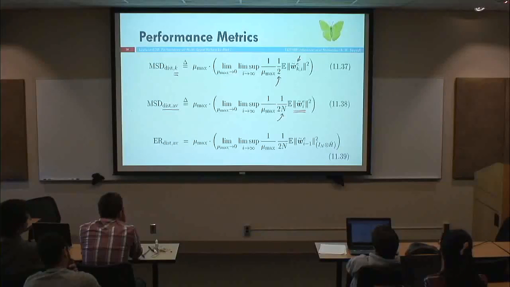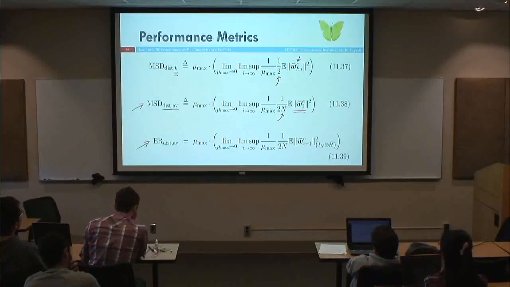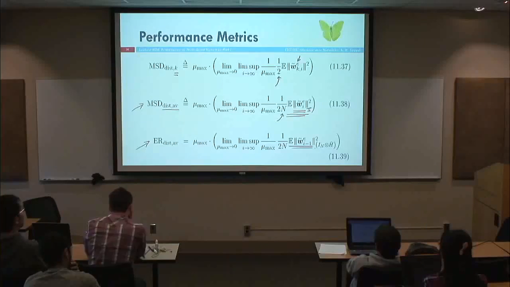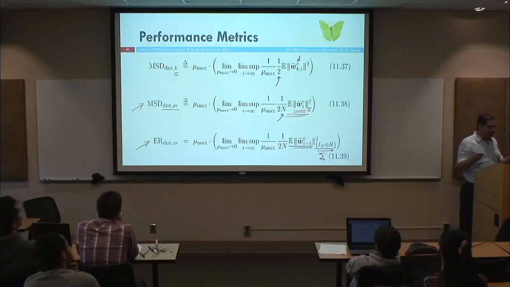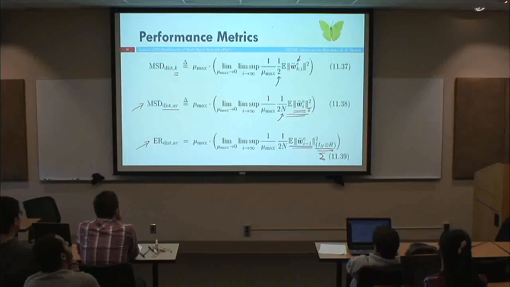Whether you are interested in measuring mean square measures or excess risk measures, the important thing is you need to evaluate a mean square error, whether it is with weight I or with some weight here, sigma, right? So the analysis that I'm going to do next, I'm going to be evaluating quantities like this. You see, quantities like this.